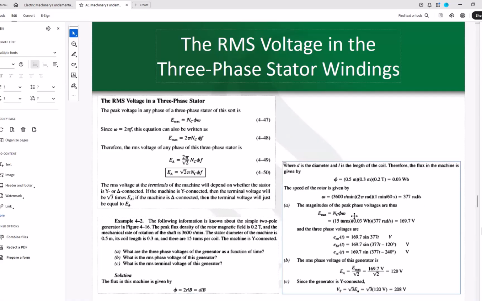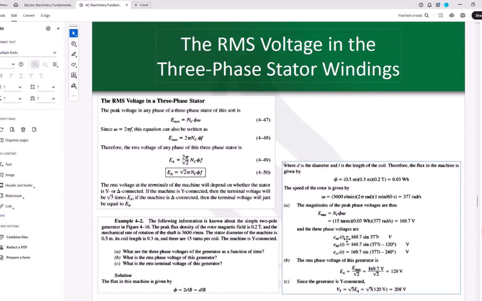We want to see the magnitude of the peak voltage. That's NC phi omega, 15 times 0.03 times 377. That becomes 169.7. That's the maximum voltage in each phase.